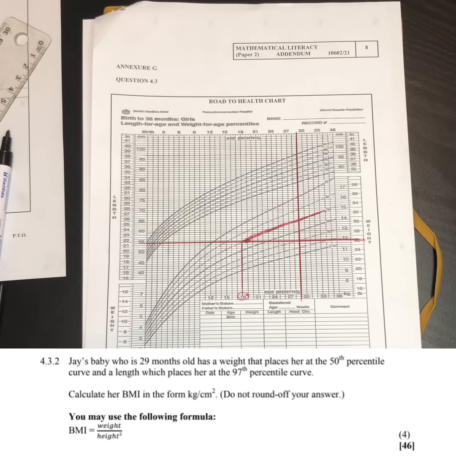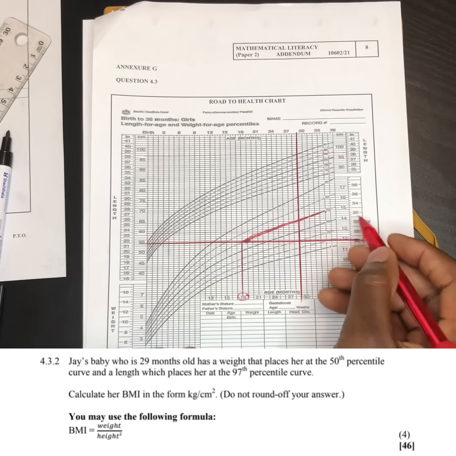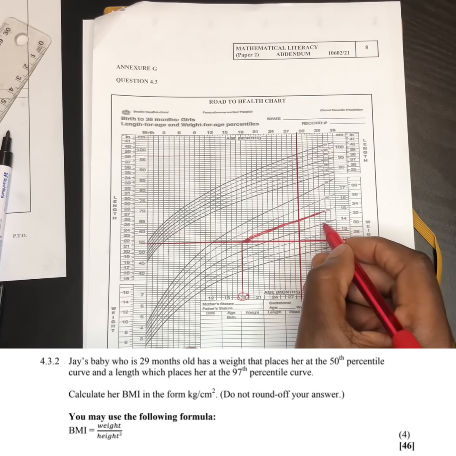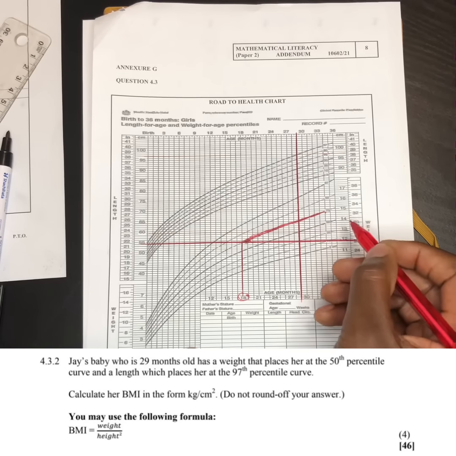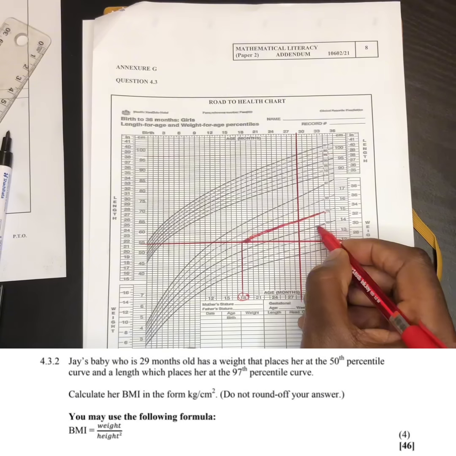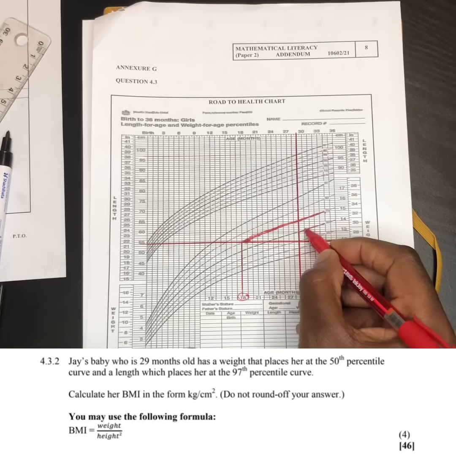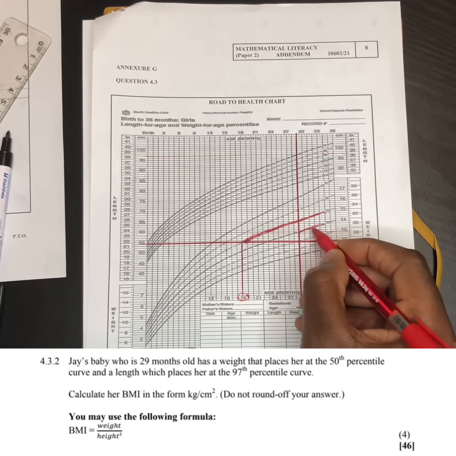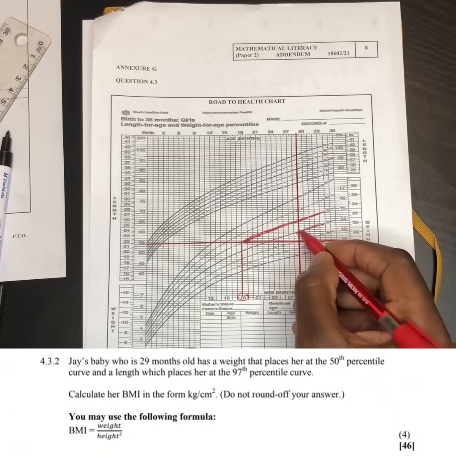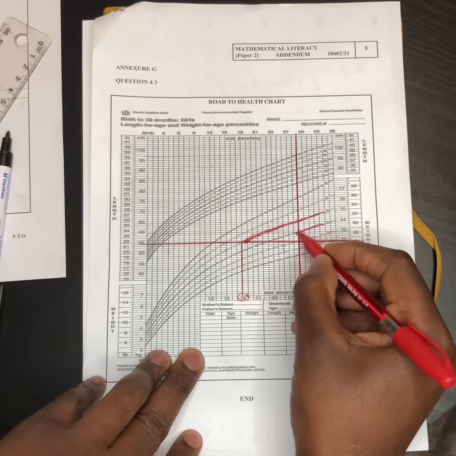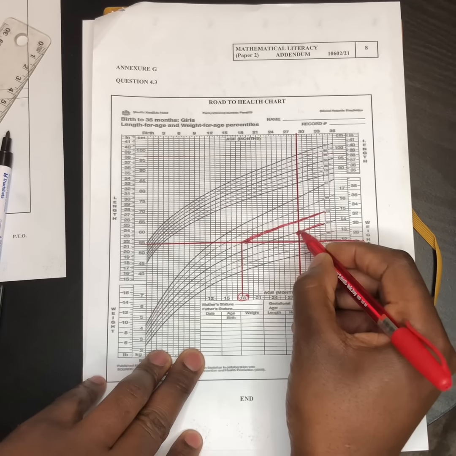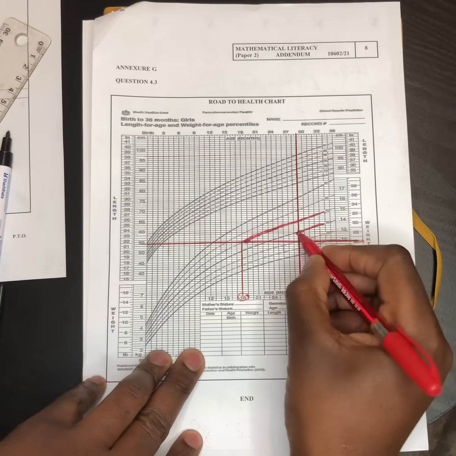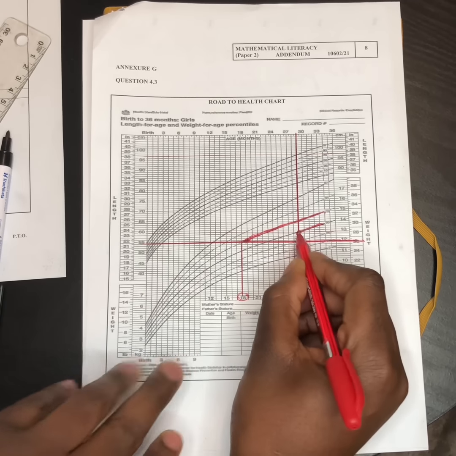Then after doing that, we go and locate those two percentiles. The first one, they said 50 percentile places her for her weight. You go and check for 50 percentile here. This is 50. We're going to get the weight. From 50, I touch the graph here. For that reason, I'll be able to get weight from this point.